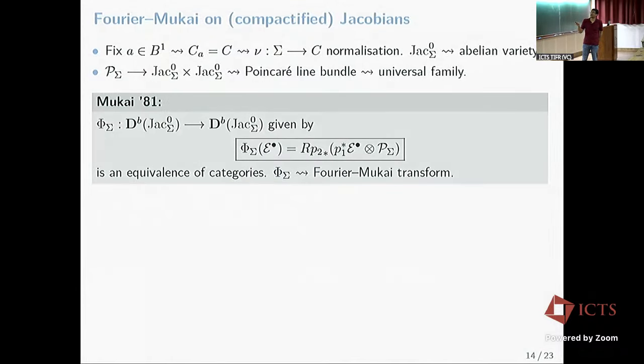And here we have the Fourier-Mukai transform of the derived category of this abelian variety. You just take a complex here, pull it back to the product, tensor with the Poincaré bundle, and then push it down to the other projection.